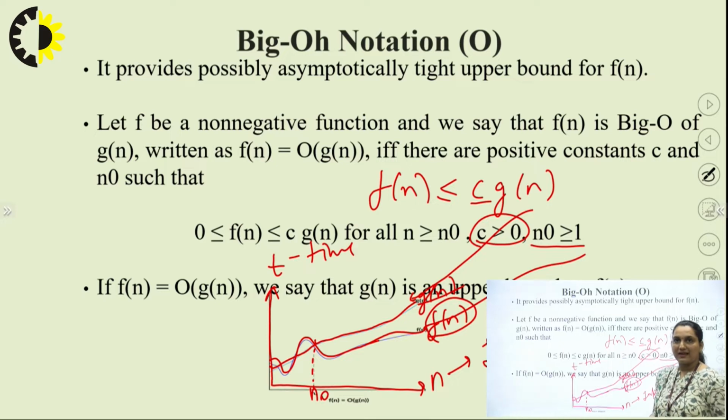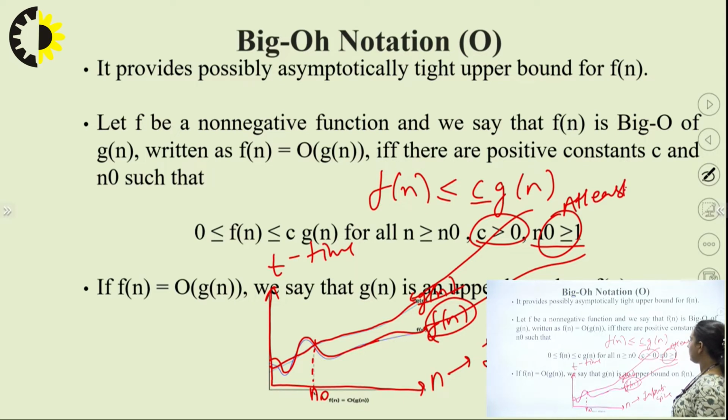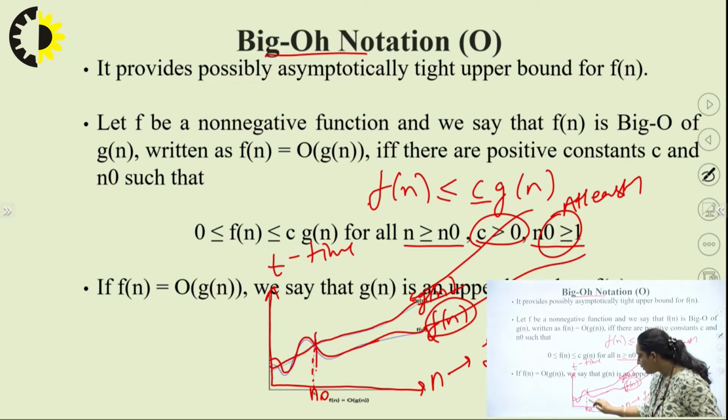Asymptotic notation is bounded by the input size, so the input size has to be at least 1; we always give at least one input. So the notation is f of n is less than or equal to c of g of n, where c is any constant greater than 0, and n naught can be 1, 2, 3, 4, any situation.